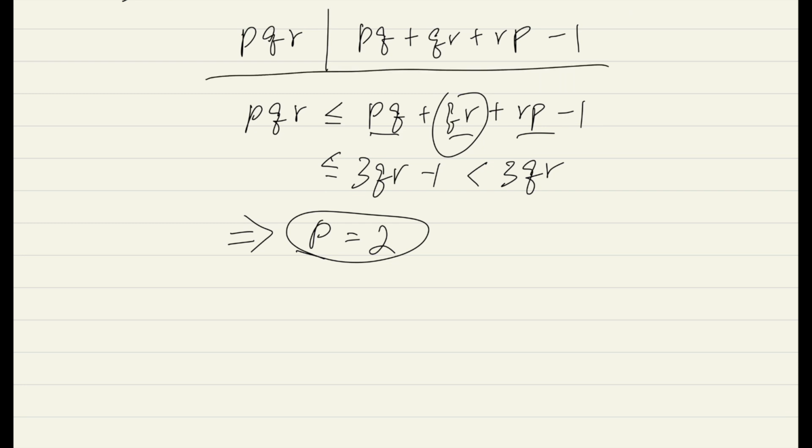The next step is that we put the 2 back into the divisibility. So we have that 2QR divides 2Q plus QR plus 2R minus 1.